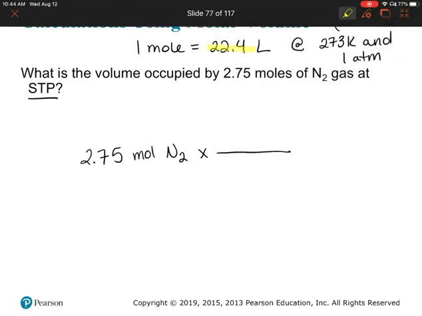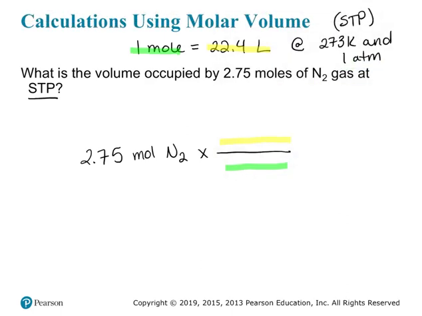So I'm going to put 22.4 liters in the numerator, and I'm going to put 1 mole in the denominator to cancel it out. Okay, so moles will cancel, and we'll be left with liters. All right, so according to my calculator, our volume is going to be 61.6 liters.